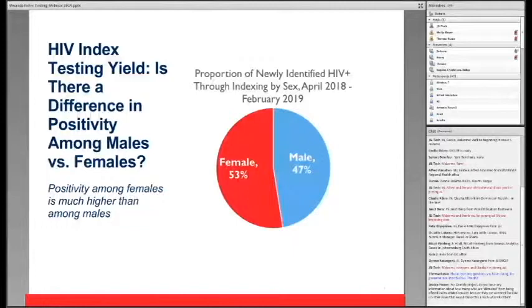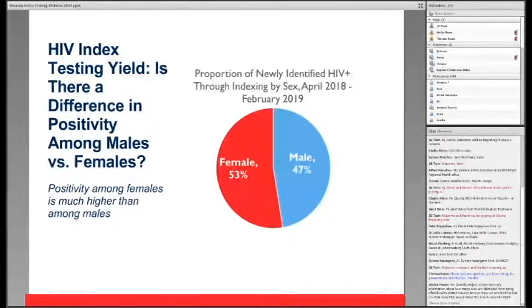Now, delving further into the earlier statistic of 51 to 49%, we are also reminded of the fact that more females are affected, so to speak, in terms of HIV status, as far as the HIV epidemic is concerned.